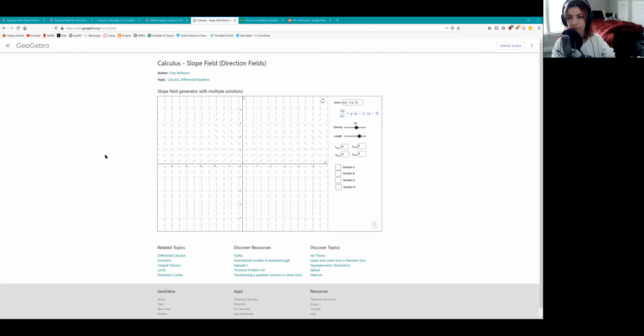Okay, so here we have the same slope field, the direction field, and we can look at where our critical solutions are, when our slope is equal to 0. As I said before, one of them is 0, and another one is 1. The last one that I didn't show is when y is equal to 3, where our slope also becomes 0.